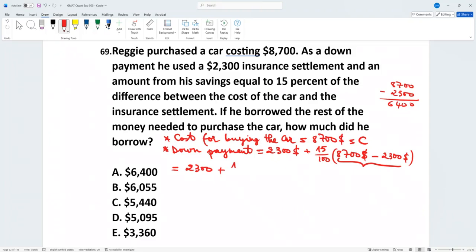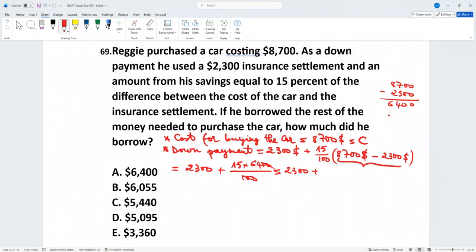Okay, so we are going to have 15 times 6,400 over 100, like this. And this will be 2,300 plus 64, because the 2 zeros are going to cancel.